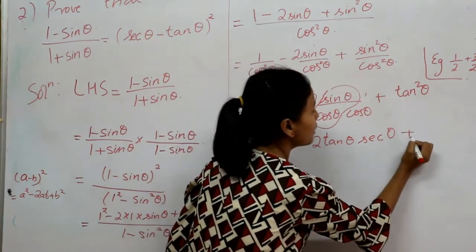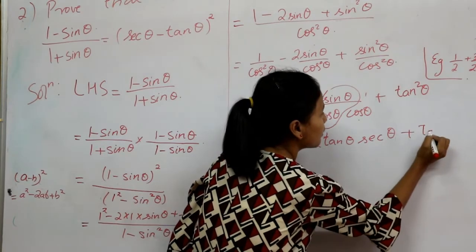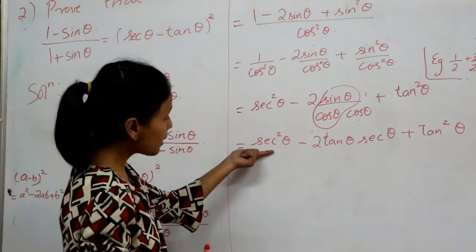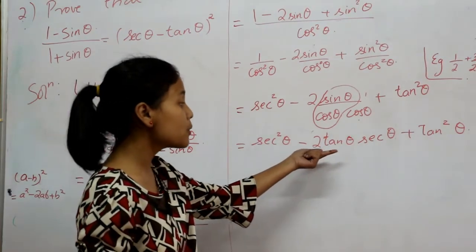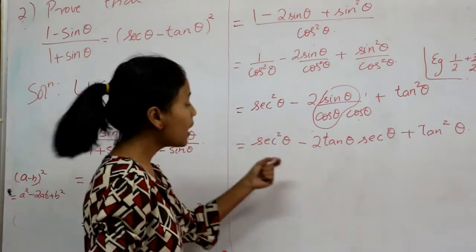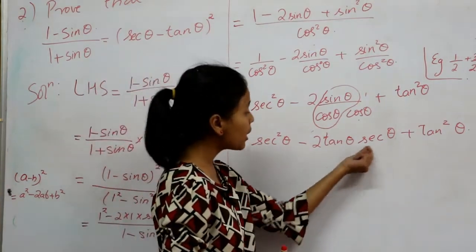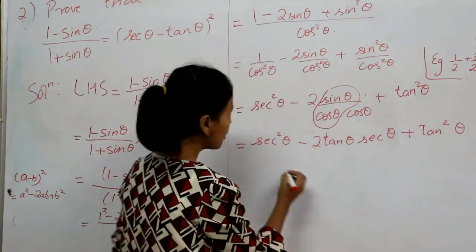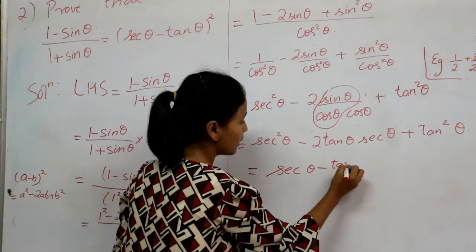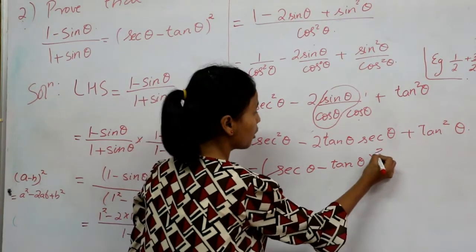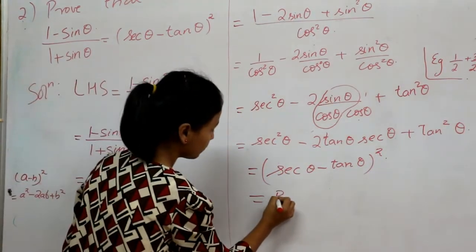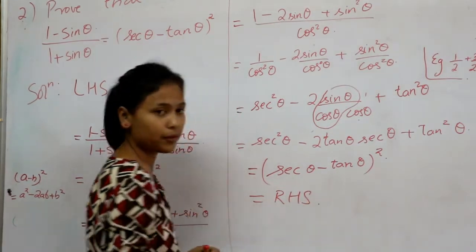Plus tan square theta. If you look at this one, sec square theta minus 2 tan theta plus tan square theta is in the form of a square minus 2ab plus b square. Alright, so you write (sec theta minus tan theta) whole square, which is equal to the right hand side. Hence we have proved this one.